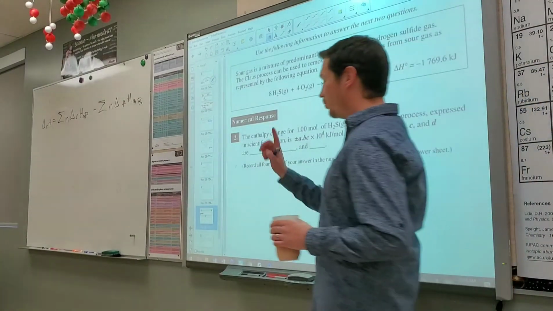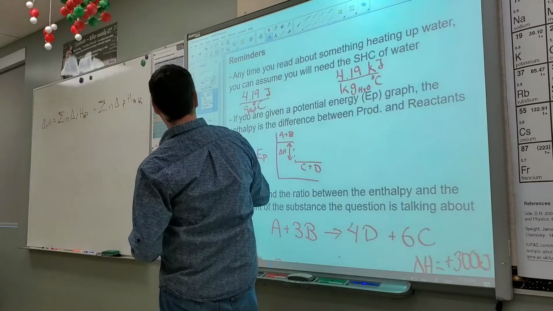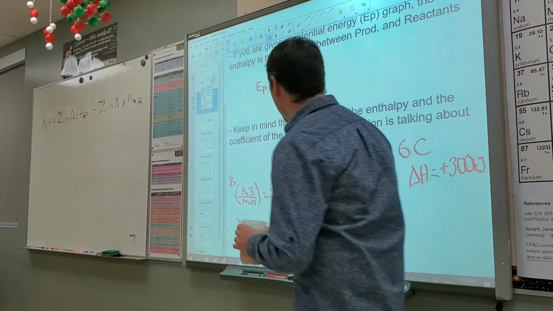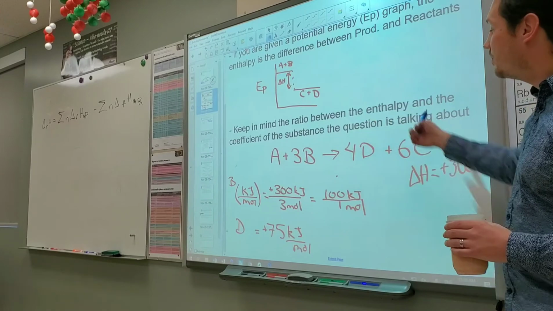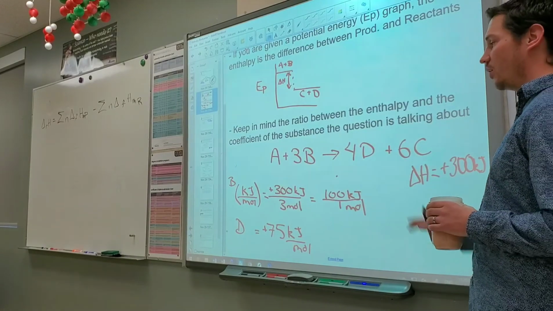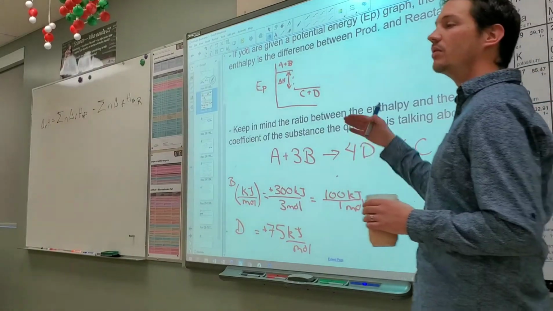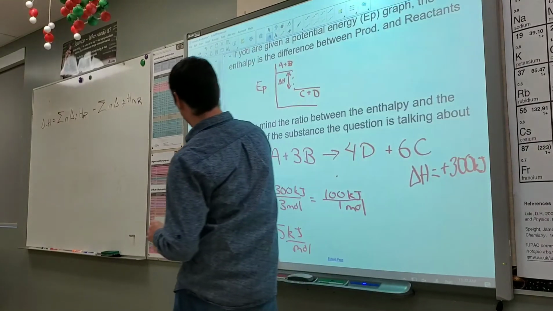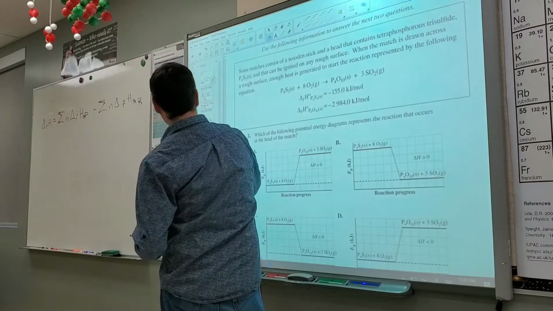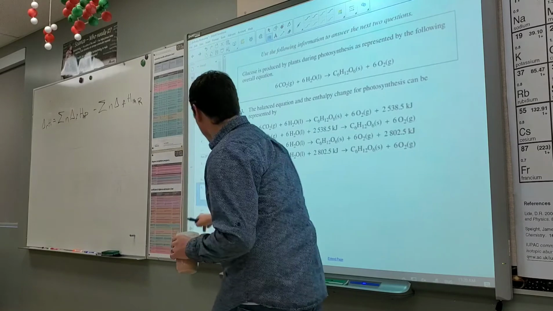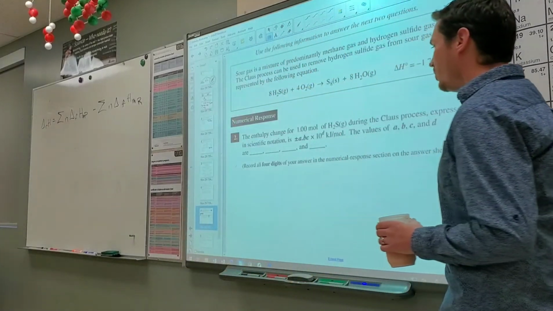One of the reminders I gave you was to always keep in mind the ratio of the enthalpy and the coefficient of the substance, because that gives you the molar enthalpy of the reaction for that substance. What's this asking?